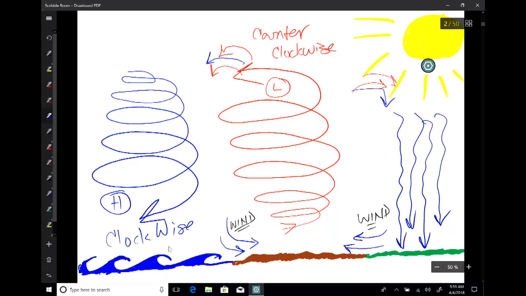Okay? Good so far. So now we know how this uneven heating can create not just vertical movement, but also directional movement around these areas where air is rising or falling. We keep that in mind here as well.